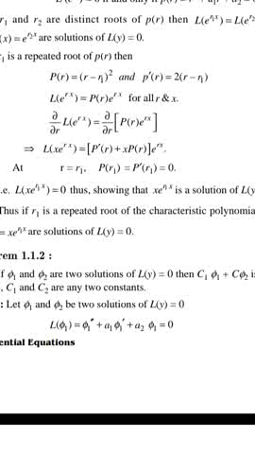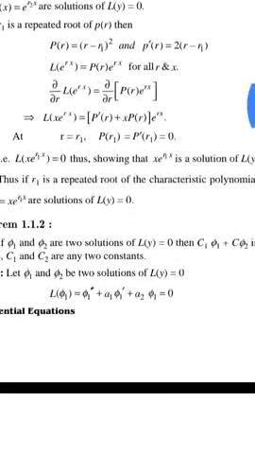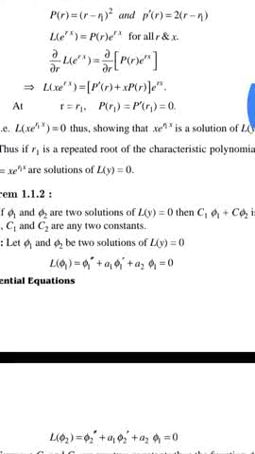L of e^(rx) is equal to p of r into e^(rx) for all r and x. Partial derivative with respect to r of L of e^(rx) is equal to partial derivative with respect to r of p of r e^(rx).